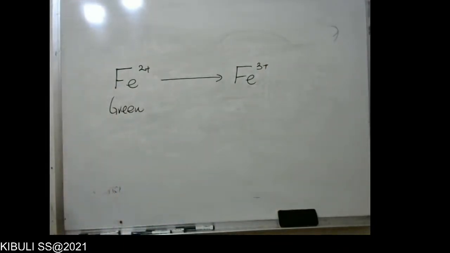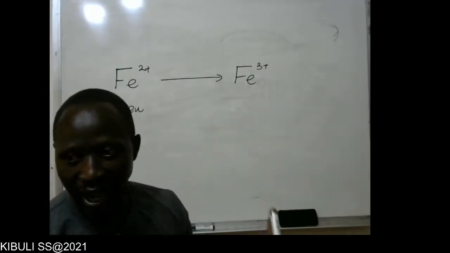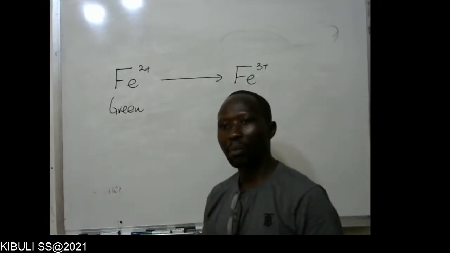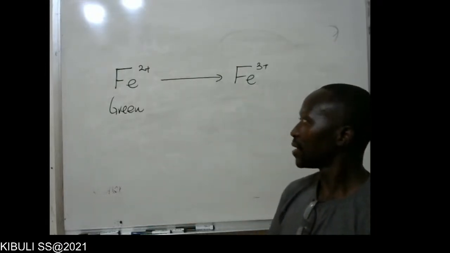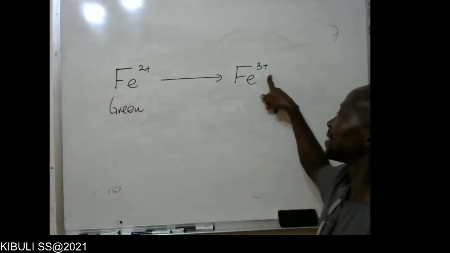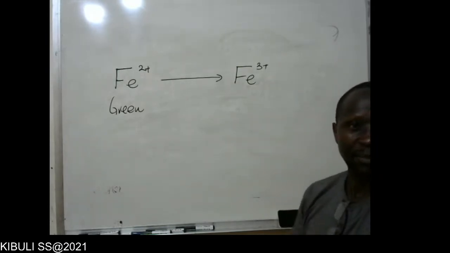What's the meaning of iron 2? Iron in the valence of 2, and iron in the valence of 3, are combining powers. It has 2 valences. So when iron 2 changes to iron 3, we say oxidation has taken place.